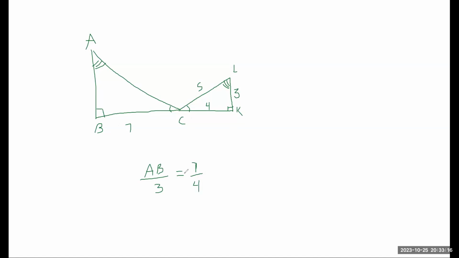I'm going to go ahead and cross multiply this. This doesn't reduce. So I'm going to get 4 times AB equals 7 times 3, which is 21. And dividing both sides by 4, I got my length from A to B to be 21 over 4.